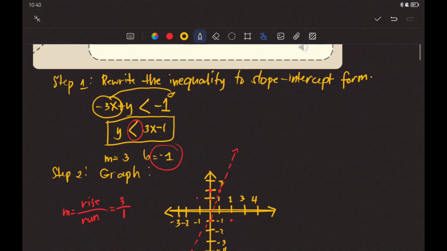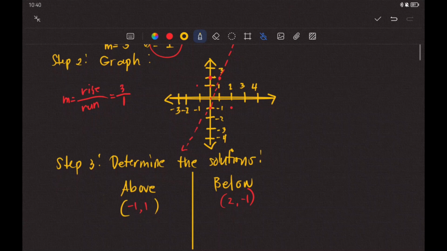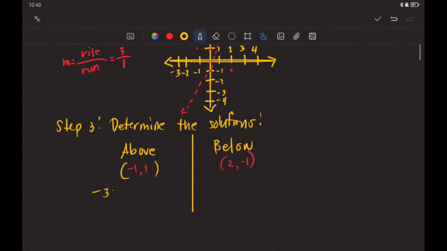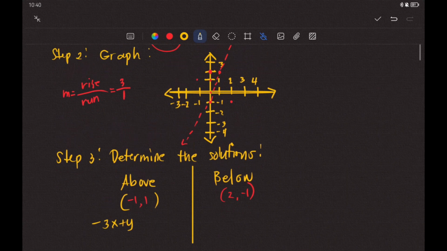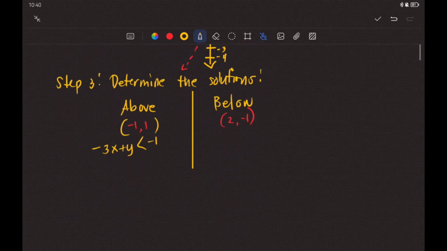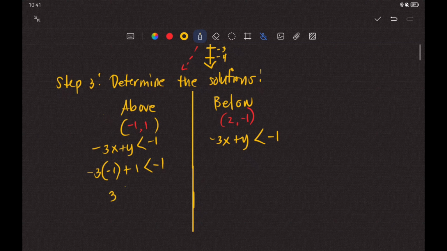Using the given inequality, we are going to substitute our ordered pairs, our test points. So that is -3x plus y is less than -1. You substitute the values of x and y. This is 3 plus 1.